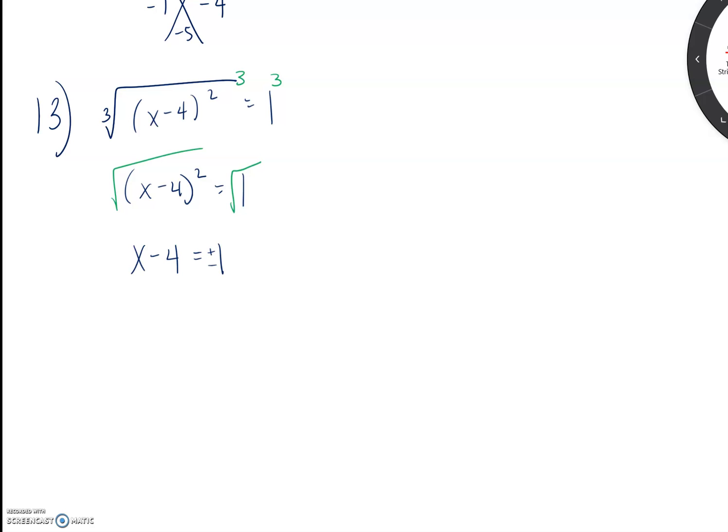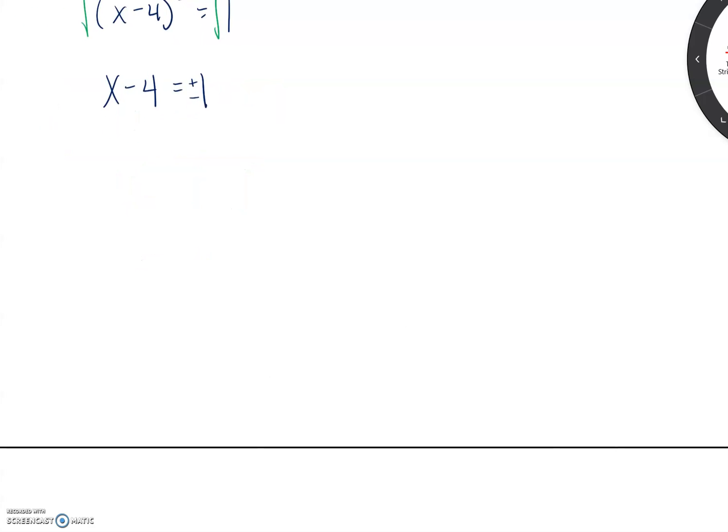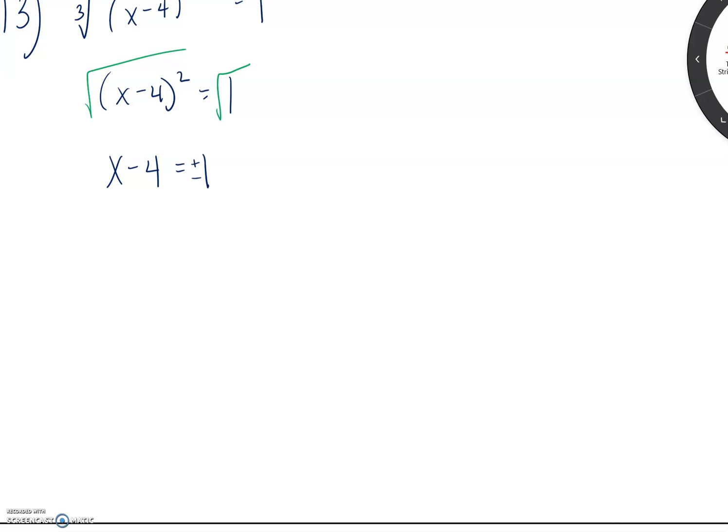So then we can get our 2 solutions, by solving x minus 4 equals -1 and x minus 4 equals +1.